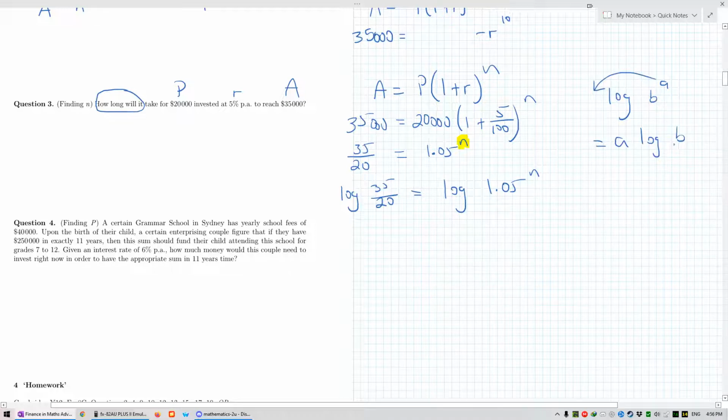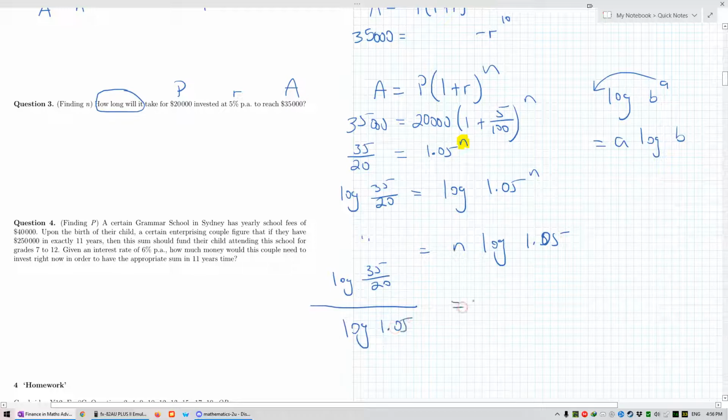That's one of the log laws, and that's why it's so useful. We can bring the n down now. So that's going to be the same, is equal to n log 1.05. And now we just divide the log 1.05 out. So you will have log of 35 over 20 all over log of 1.05 is equal to n.